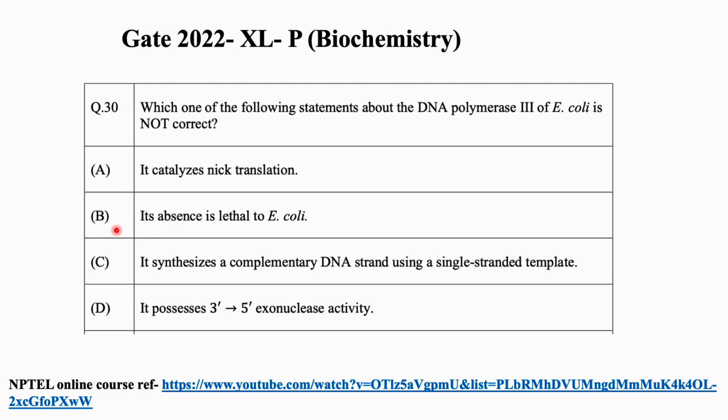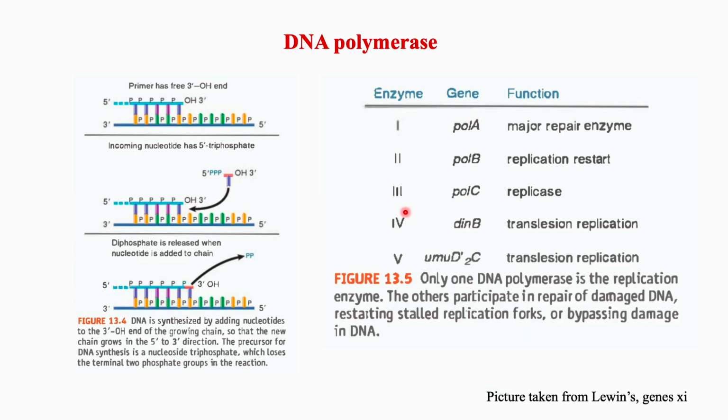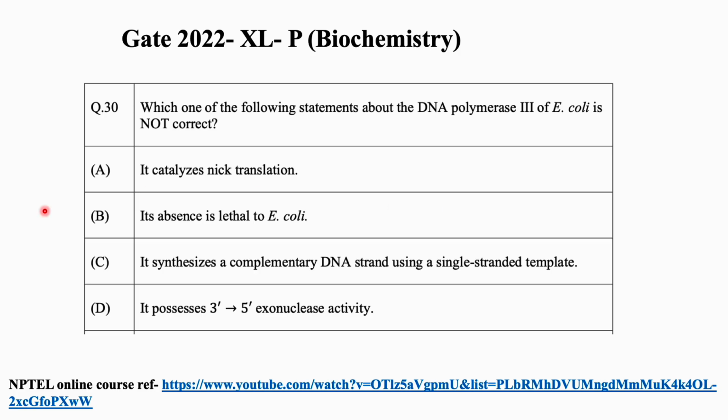So the second option is its absence is lethal to E. coli. Obviously, as I mentioned here, it's a major replicative enzyme. If you remove this pol C gene from E. coli, the E. coli won't survive because it's a major replicating enzyme of E. coli. So its absence is lethal to E. coli. This is also true.